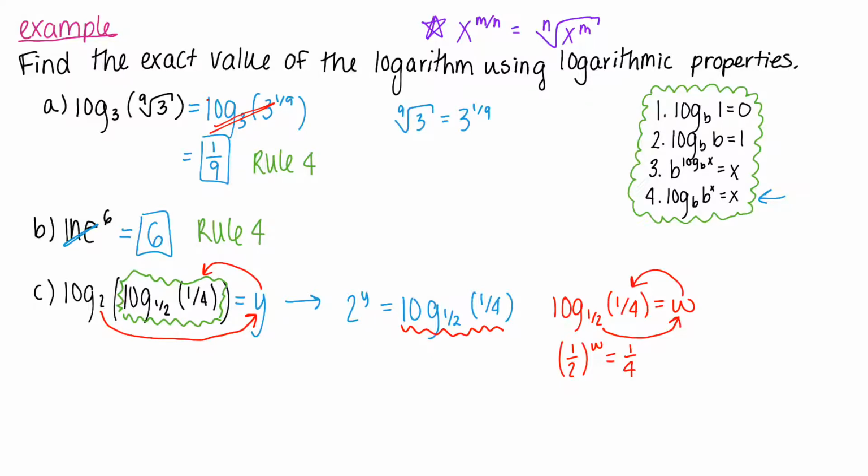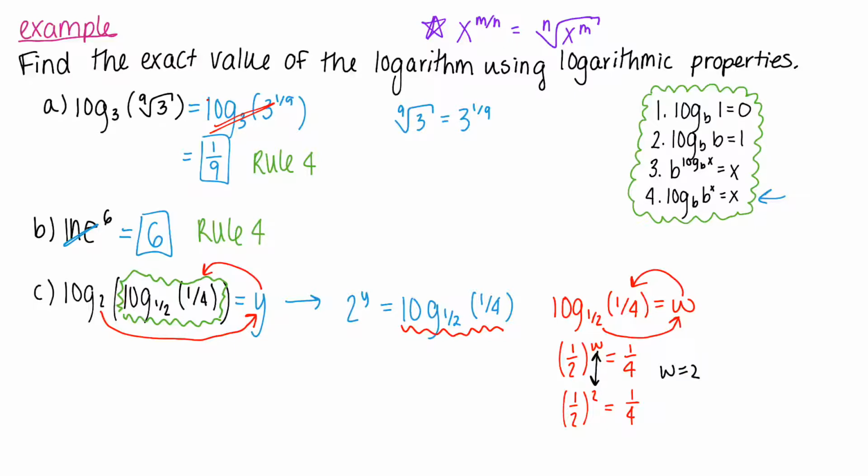Well, if you square 1/2, you would square the top and the bottom. So 1/2 squared is equal to 1/4, which means that w has to be equal to 2.